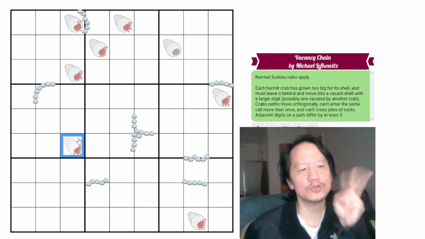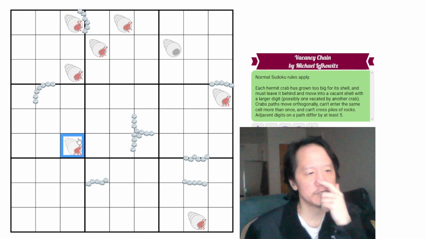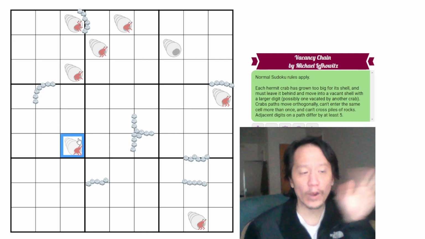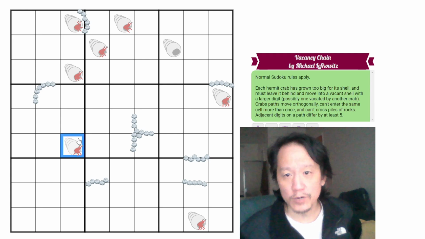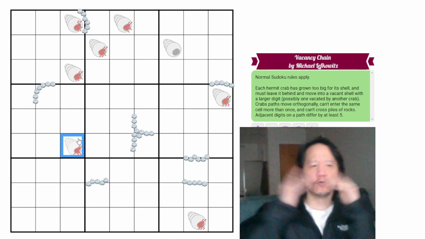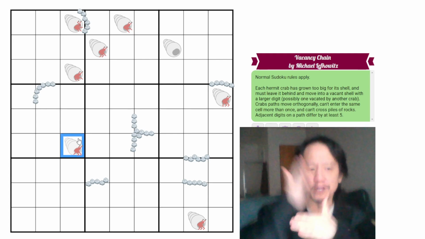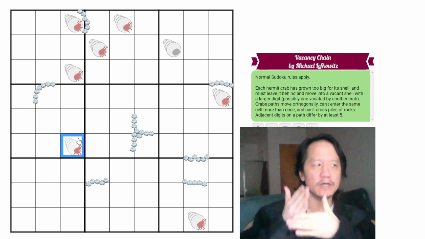You can't have two lowest numbers, because if you have two lowest numbers, where does the low number go to, right? So therefore, you have to have only one low number.